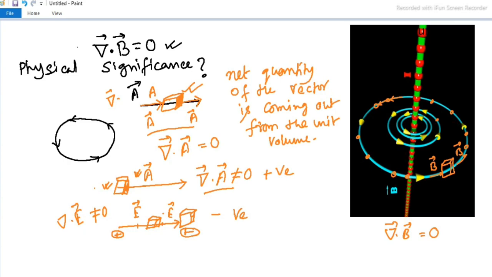So a divergence of 0 means the field is basically forming a circular loop. That is the reason the magnetic field forming a circular loop signifies del dot B is equal to 0.